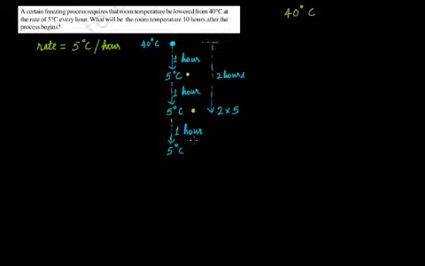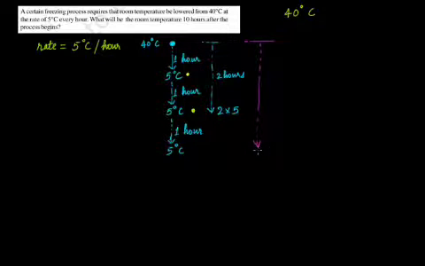So someone will ask, okay, what will be after 3 hours from the initial stage? So you will say that after 3 hours, it will be from here. The drop will be from here to here. That is 1 hour plus 1 hour plus 1 hour, that is 3 hours.